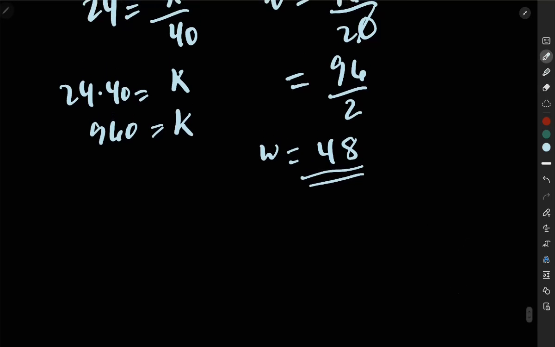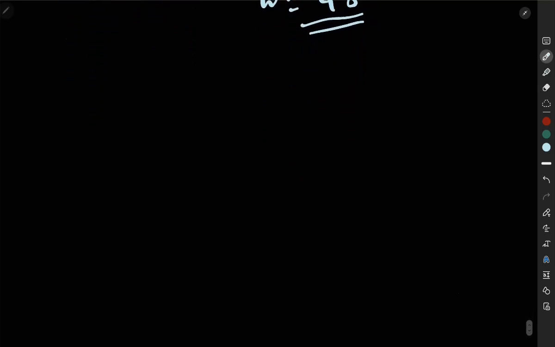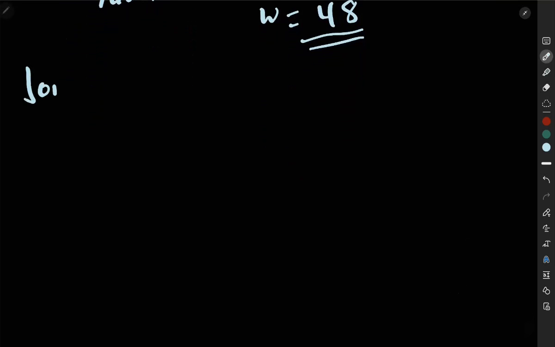All right, so that's inverse variation. Now, how about joint variation? Joint is two direct variations. There are three variables in all, but it's all direct.